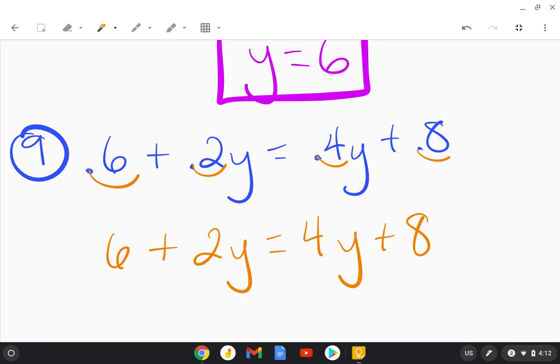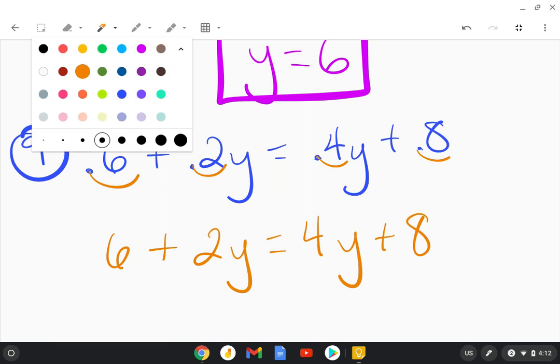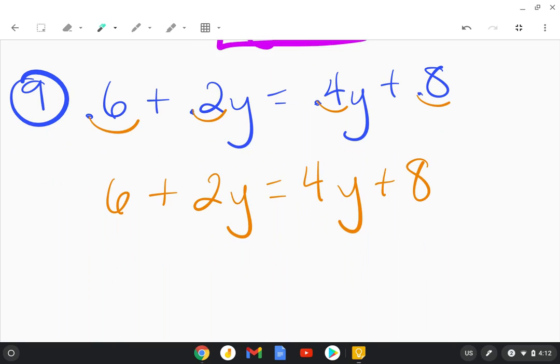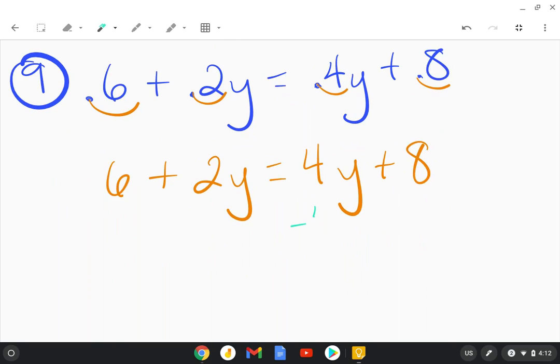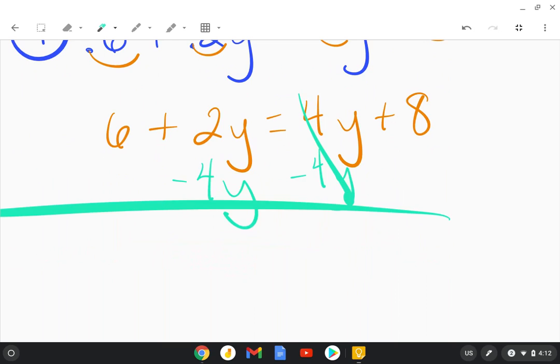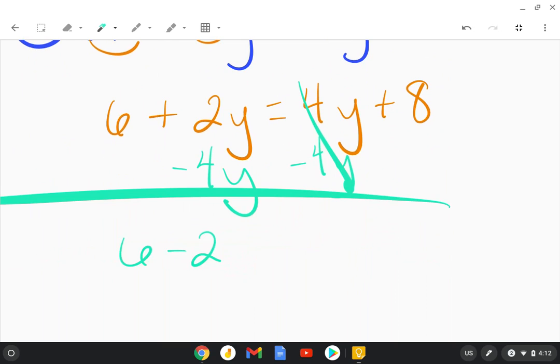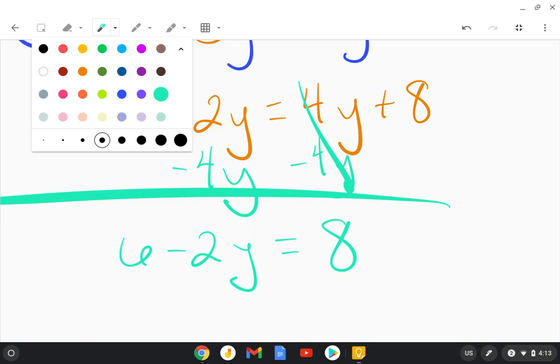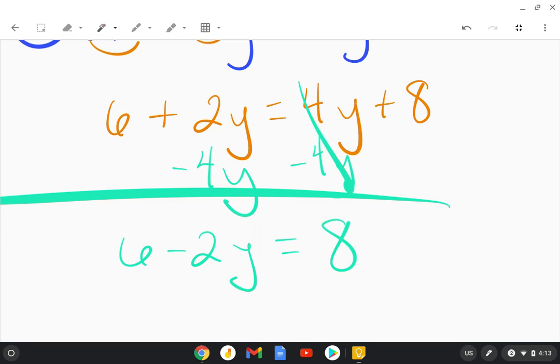And now we have a problem just like the one we've been solving. So I'm going to subtract 4y. 6 minus 2y equals 8. I need to get rid of my 6 now. Minus 6, minus 6.